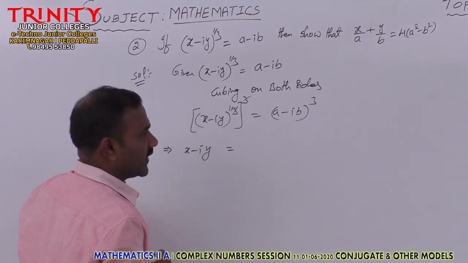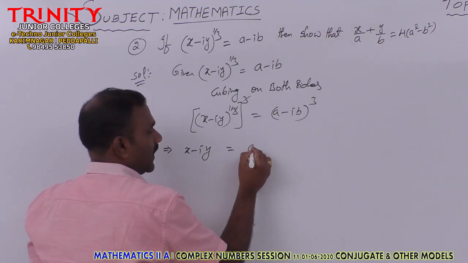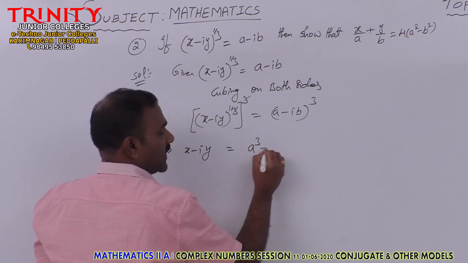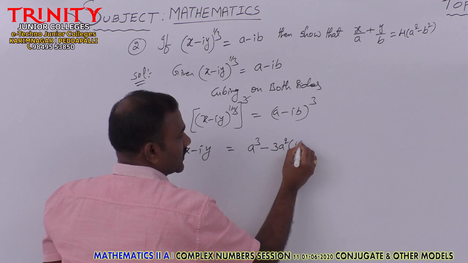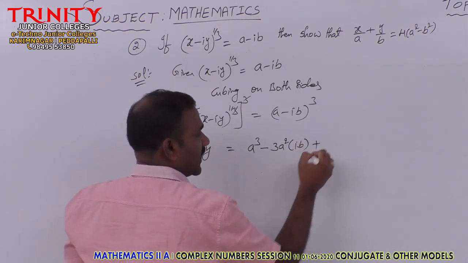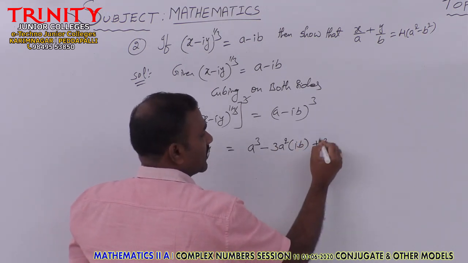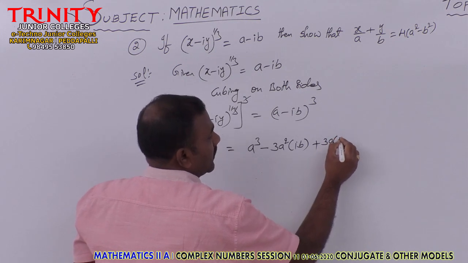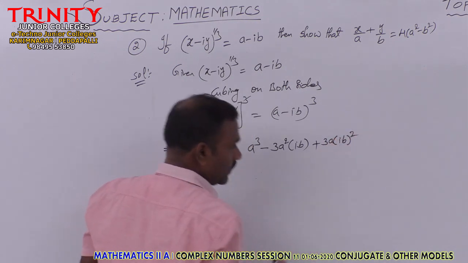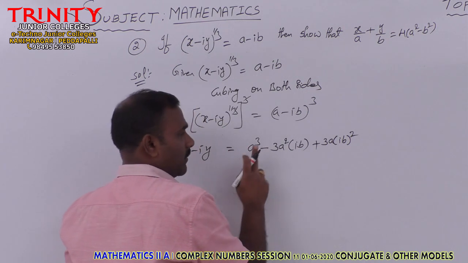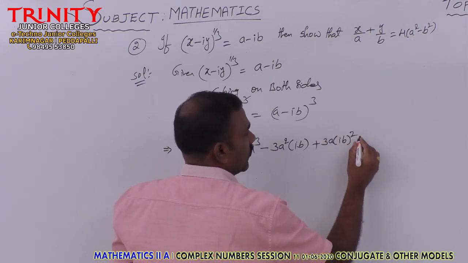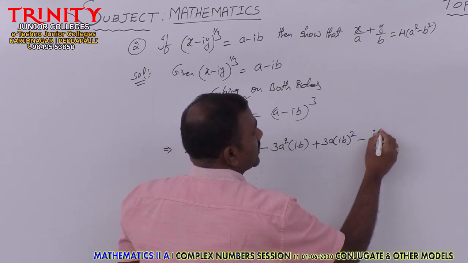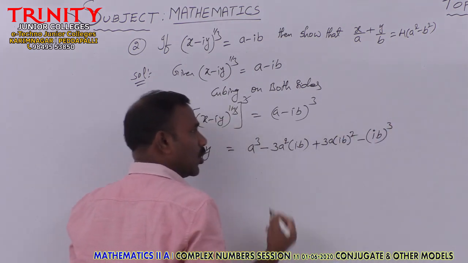What is the formula of (a minus b) whole cube?